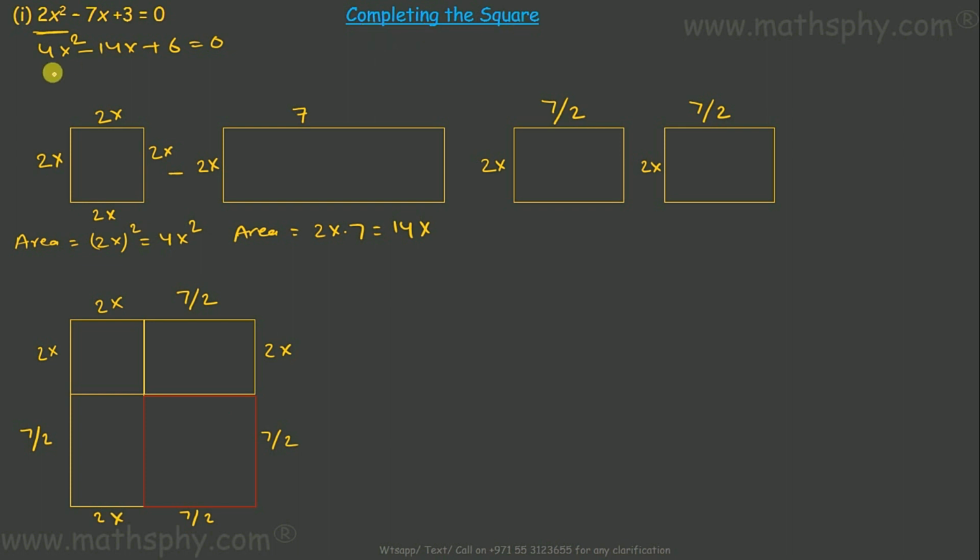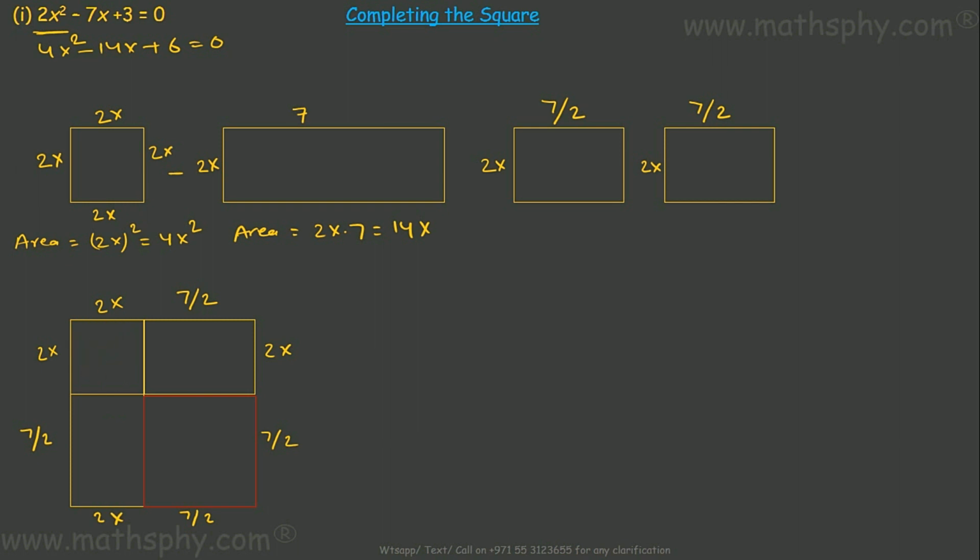Now let's go back to the question here. It says 4x squared minus 14x. This is 4x squared, and the areas of these two rectangles put together will give you 14x. We have to take off these two areas from the area of the square.